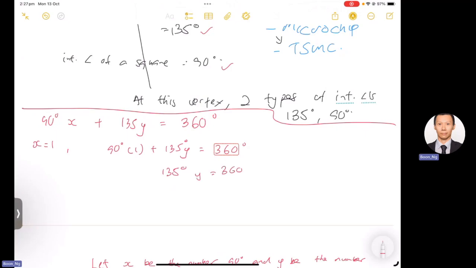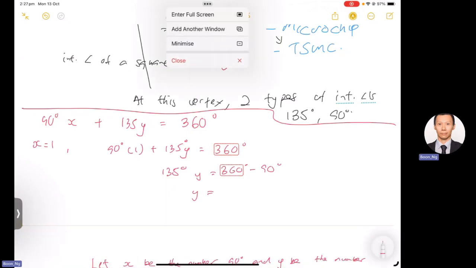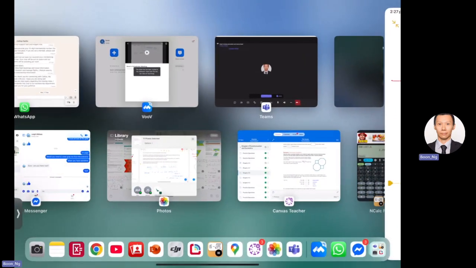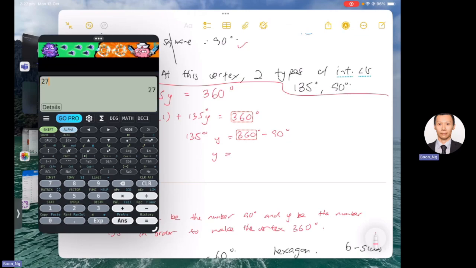So y is 360 minus 90, no, 270 divided by 135.